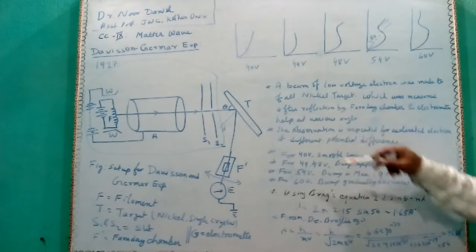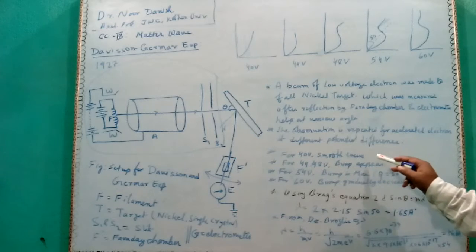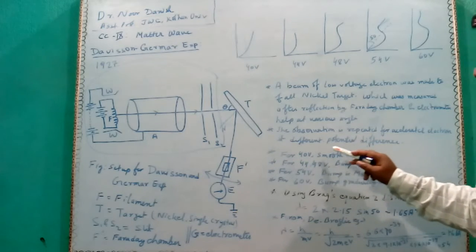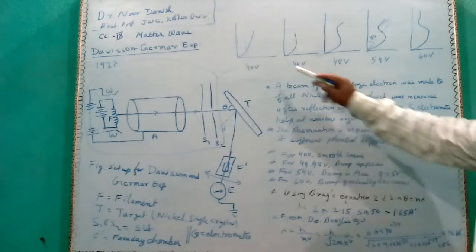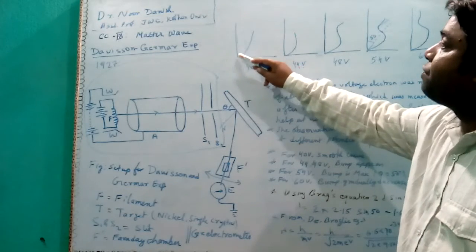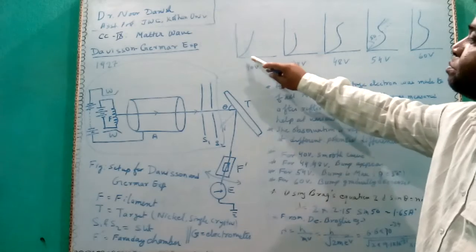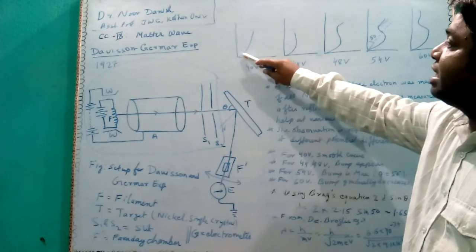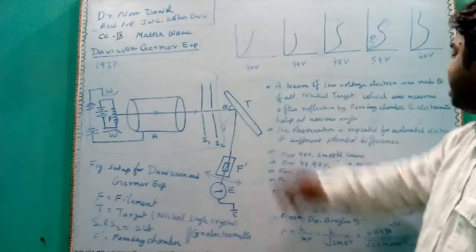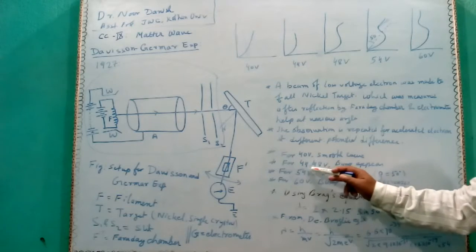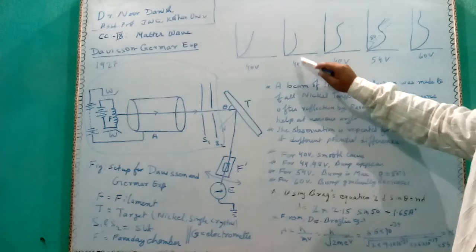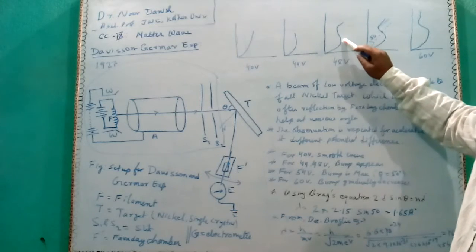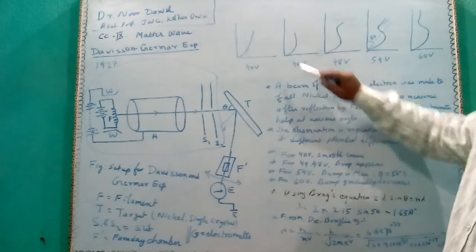The observation is repeated with increasing voltage. For 40 volt, a smooth curve is obtained. At 44 and 48 volt, a bump is observed; the bump starts to form.